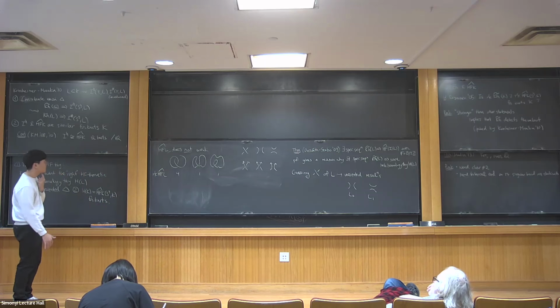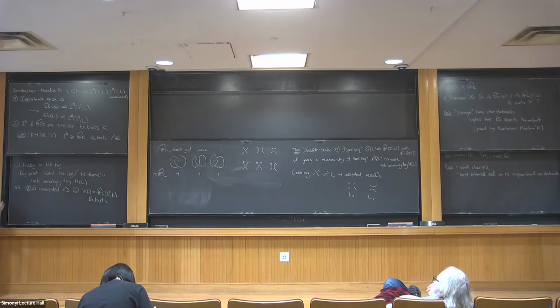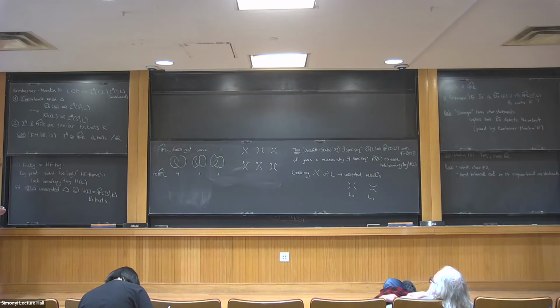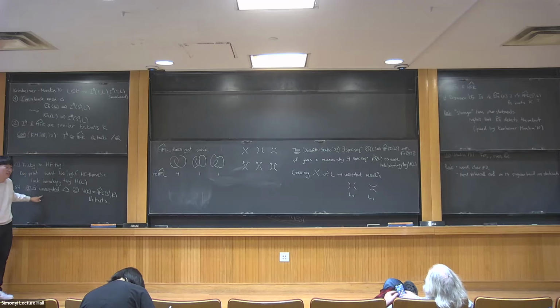Sure. Whereas for Khovanov, the Jones polynomial does. But so HFL doesn't have an oriented skein exact triangle. Oh, sorry, it has an oriented skein exact triangle, but it does not have an unoriented one. Okay. Sorry.